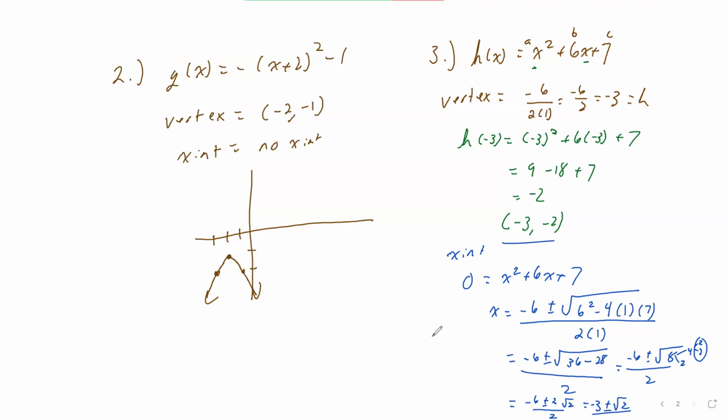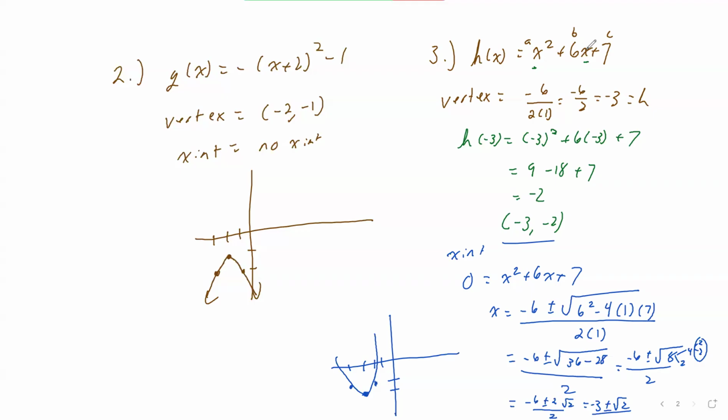Now you've got to be able to graph that. Graphing is a lot easier because once you have the vertex, go left 3, down 2. A is positive, so that still applies. So I know I'm going to go up and over. So I'm going to go right here and right here. If you don't trust the process, again, you can plug negative 2 in.